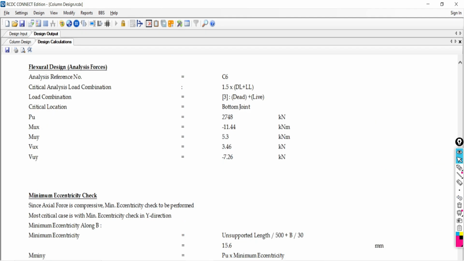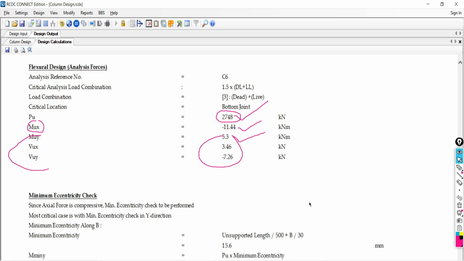Next, here if you are going to check the final moments, axial force 2747.999 we have considered. The software has considered the rounded-up value 2748. That is correct, not wrong. Moment about the major axis 11.44, minor axis 5.3, and these are the shear values, right?